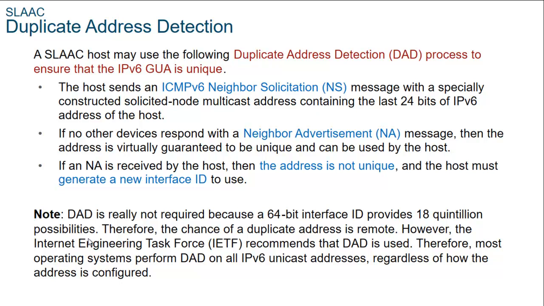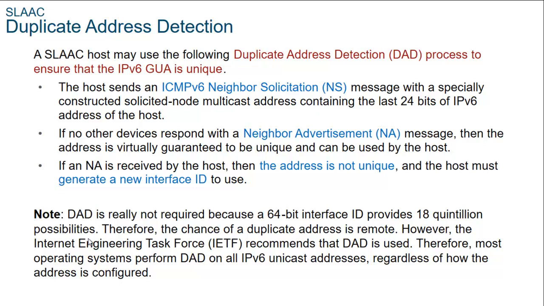If no other devices respond with a neighbor advertisement message, then the address is virtually guaranteed to be unique and can be used by the host. If an NA is received by the host, then the address is not unique, and the host must generate a new interface ID to use.